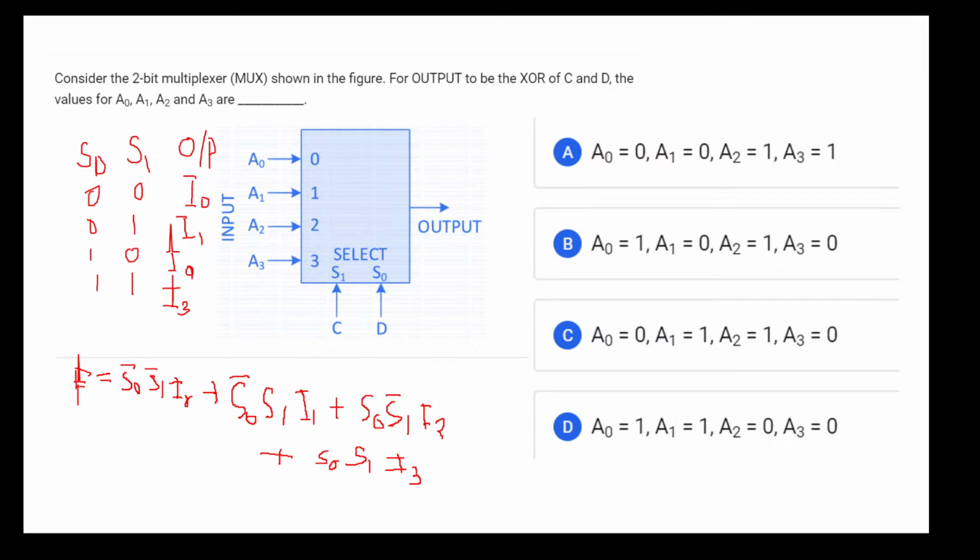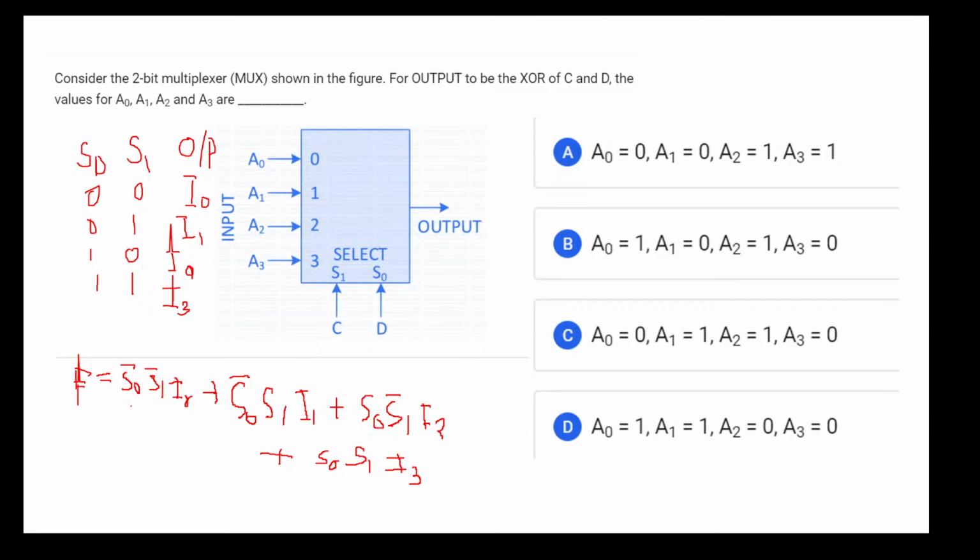In our case, they have replaced the select lines S1 and S0 with C and D, and they have replaced the inputs I0, I1, I2, I3 with A0, A1, A2, A3.